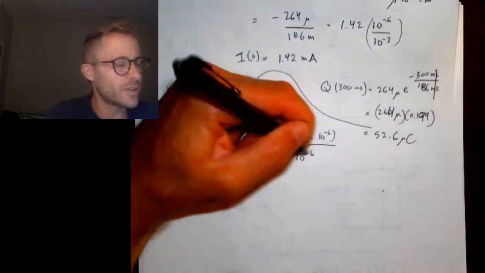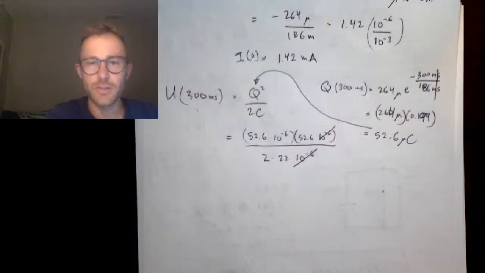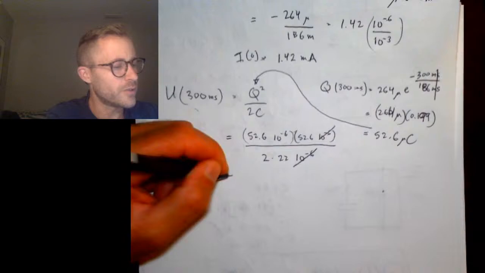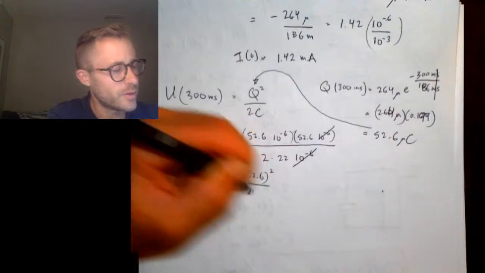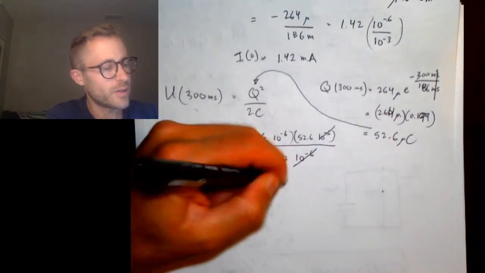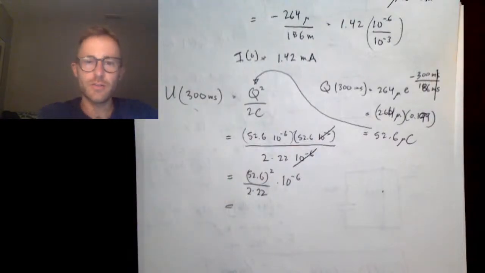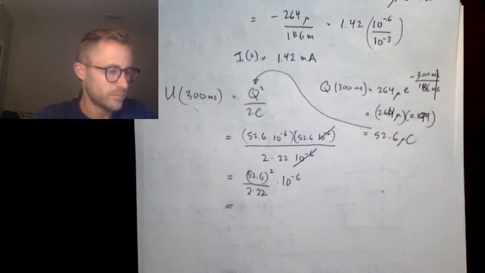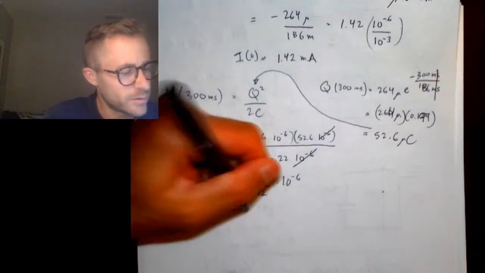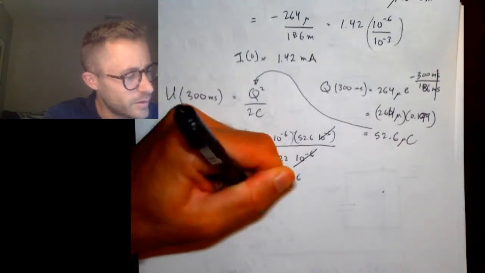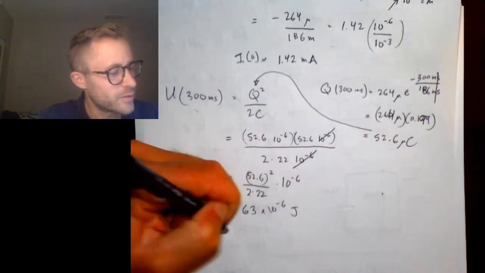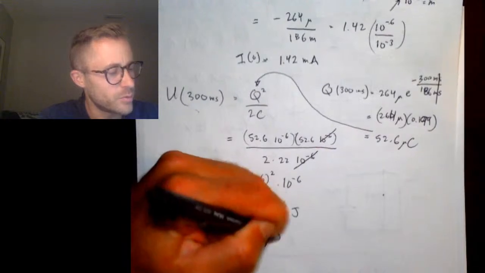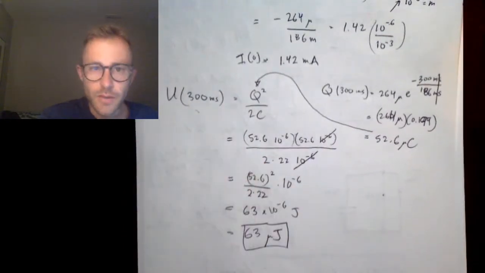So notice how this 10 to the minus 6 cancels this 10 to the minus 6. All right? And so we get 52.6 squared divided by 2 times 22 times 10 to the minus 6. So let's see what that is. That gives me 63 times 10 to the minus 6, and it's in energy, so it's in joules. So that is 63 microjoules. And that is the answer.